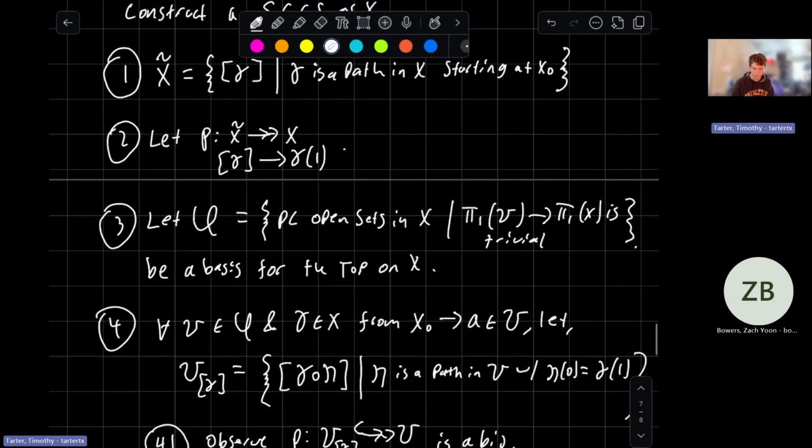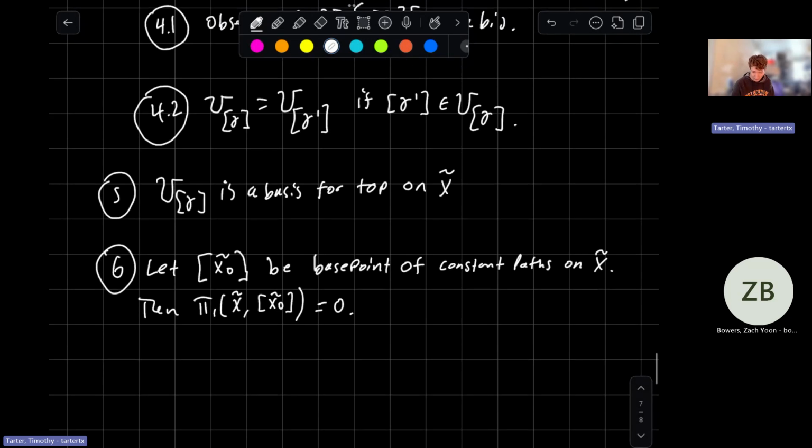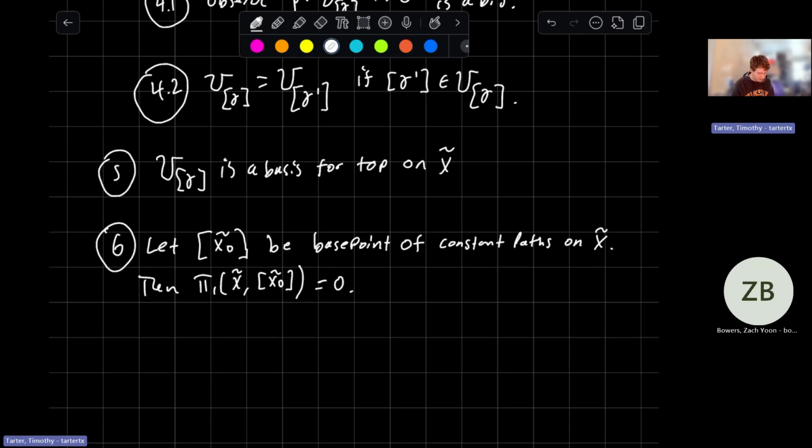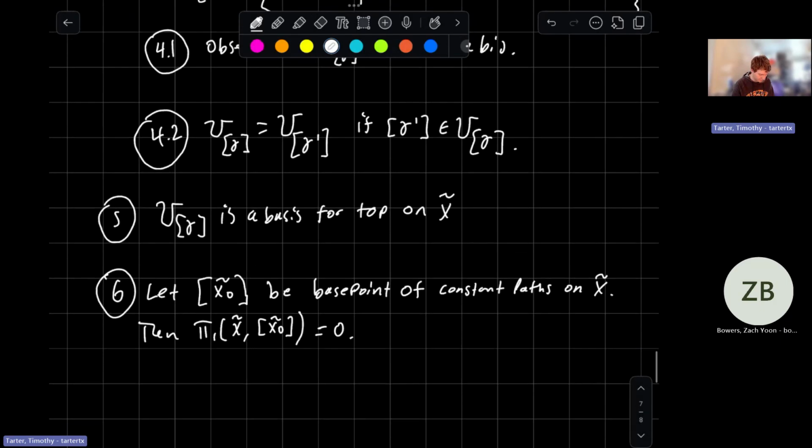And that's our construction. So all in all, not terrible, just a lot of words. And X tilde is endowed with the topology for you.